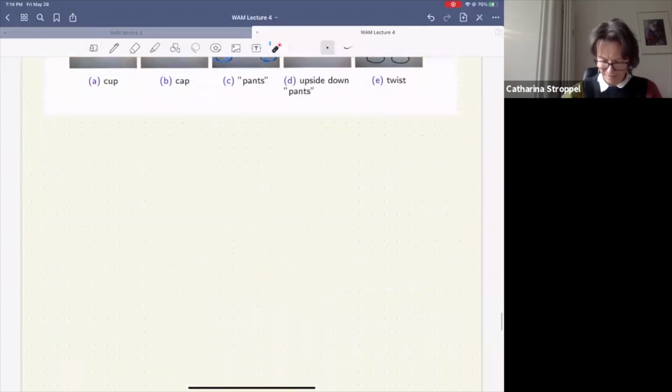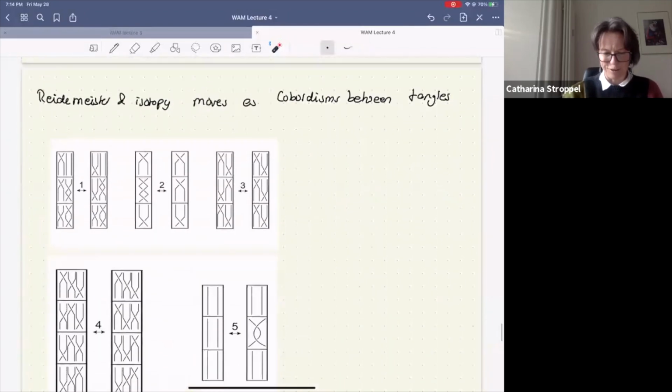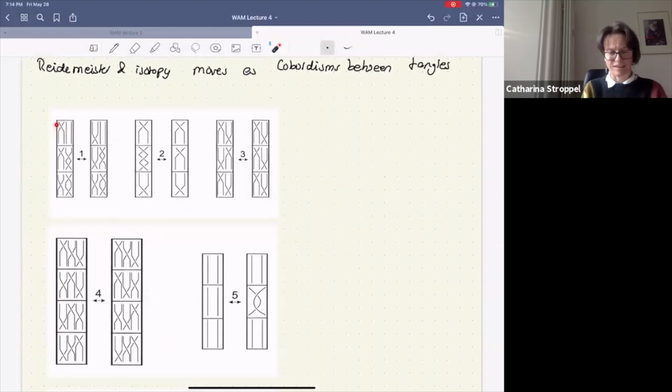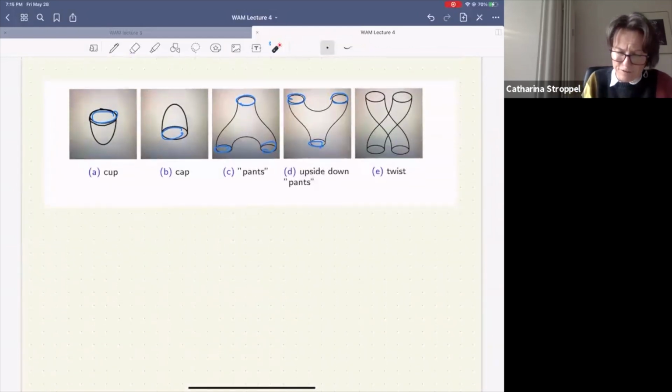And when you think of what are cobordisms between tangles, there is a list of moves like this, where you draw on the left-hand side a surface, which you can only see in these pictures by taking this. So when you would take this surface here and you would cut horizontally all the time, it starts looking like this at the beginning.